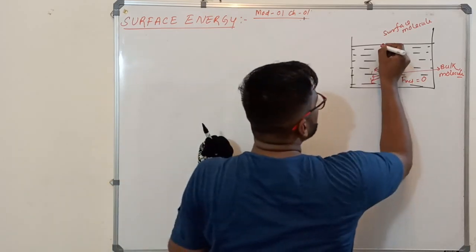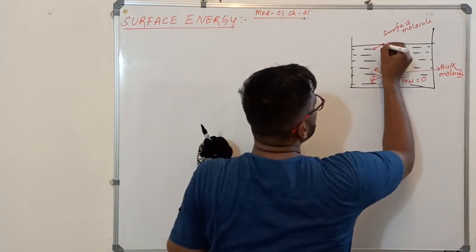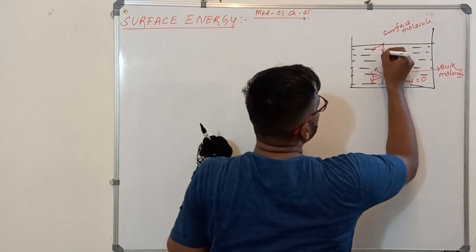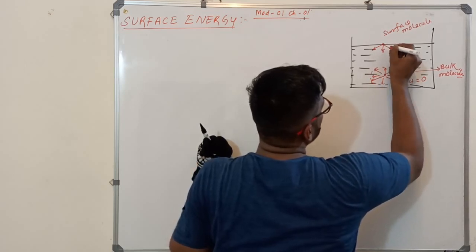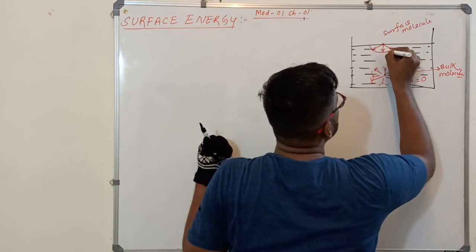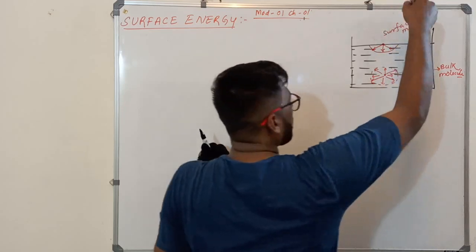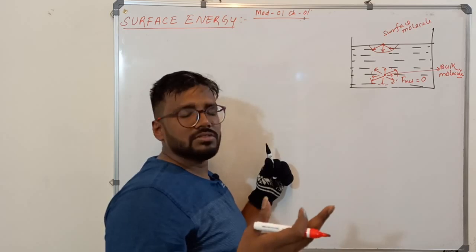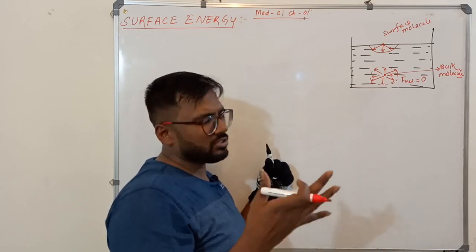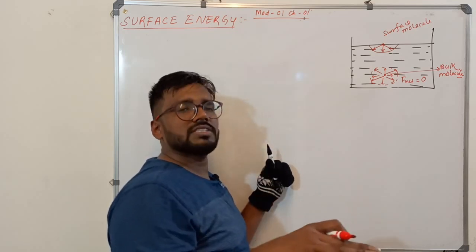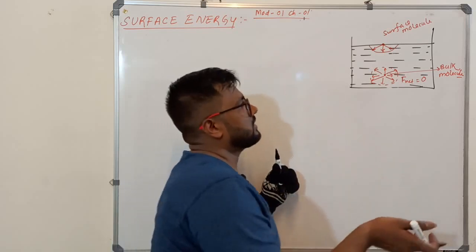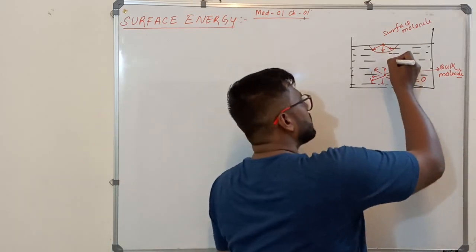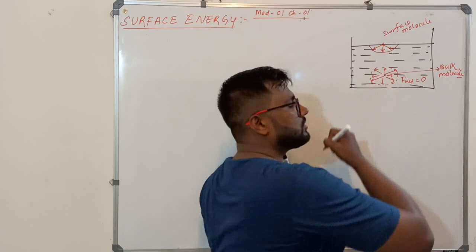Now what happens to the surface molecule? These molecules are pulling it downwards. But up, what is there? Above it, air. The adhesive force is not strong enough between the surface and air to pull it the way the inside bulk molecules are doing.